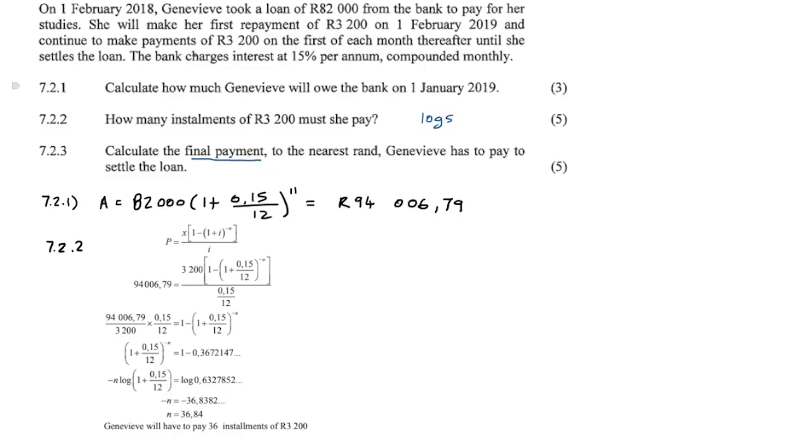And so just reading the question really quickly together, on the 1st of February 2018, Genevieve took a loan of 82,000 from a bank which pays for her studies. She will make her first repayment of 3,200 Rand on the 1st of Feb. So that's a year later, and continue to make payments of 3,200 on the first day of every month thereafter until she settles the loan.